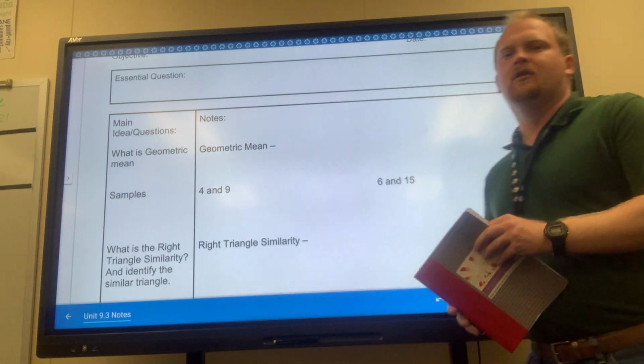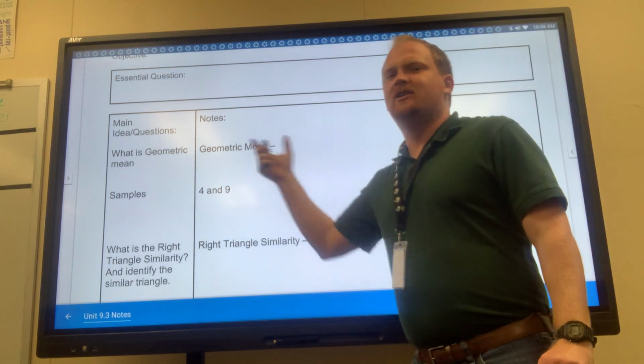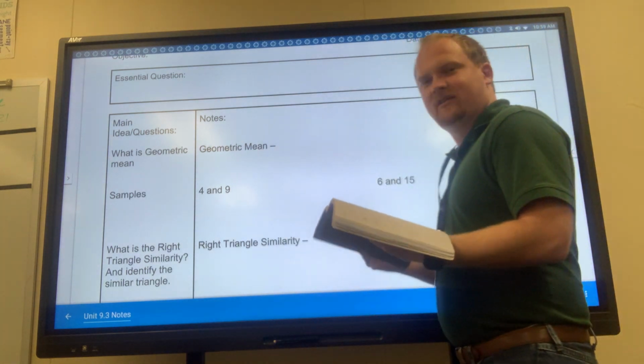Today we're going to be talking about similar right triangles, how to solve them, and finding the length. One of the biggest things we have to be able to do is find the geometric mean. What does that mean exactly?